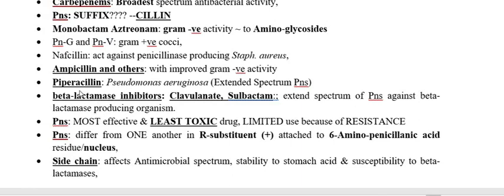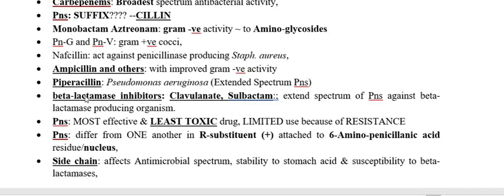Another interesting important point is beta lactamase. What is beta lactamase? Beta lactamase is an enzyme, the "-ase" meaning enzyme, produced by resistant bacteria, and that enzyme is going to break down which thing? The name itself is telling you, the lactam.